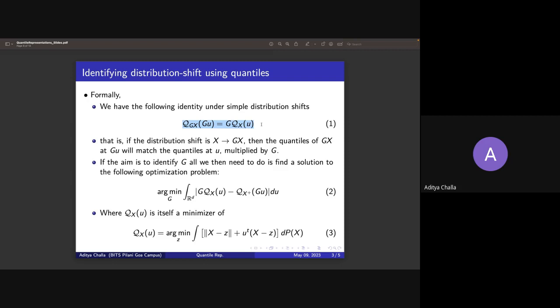So essentially for the right g, it should match the new one and the old, right? So if x plus is our novel new distribution, all I need to do is find a minimizer of this cost function, where each of the qx of u itself is also obtained by minimizing some other cost function.